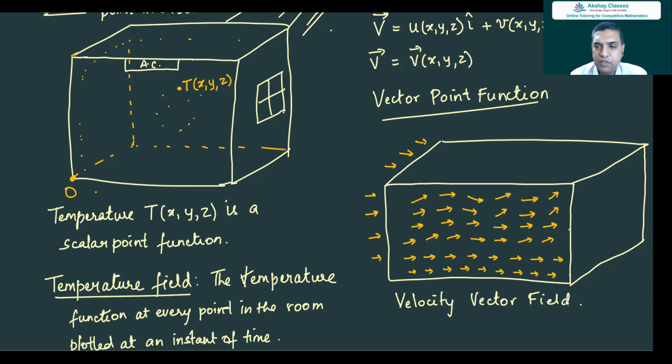So scalar and vector fields. Now, there are many other examples of vector fields as long as in space, associated with every point in space or the domain, a three-dimensional domain or a two-dimensional domain, there is a vector associated describing a quantity. That is a vector field, and with time, the vector fields can change, like velocities can change with time.